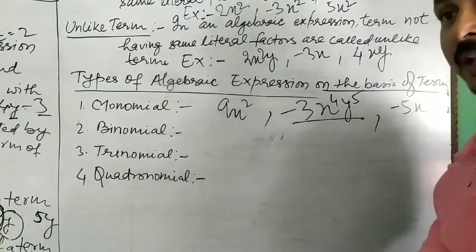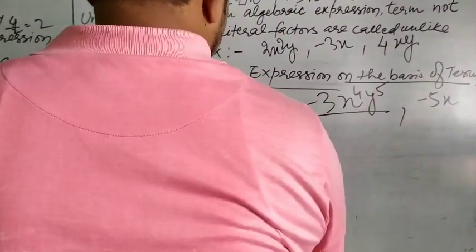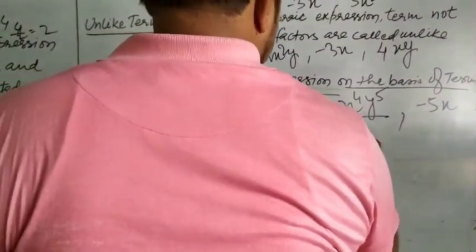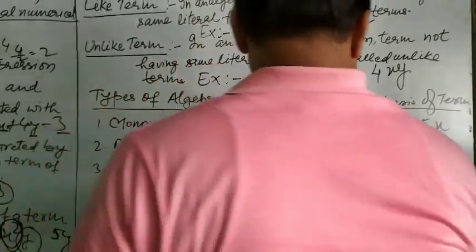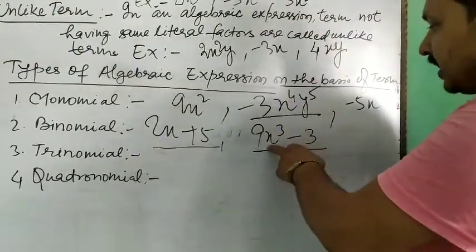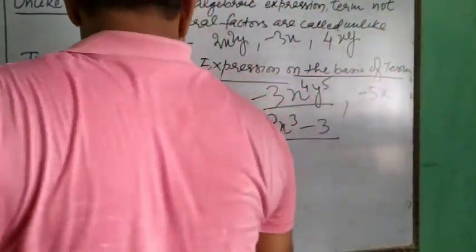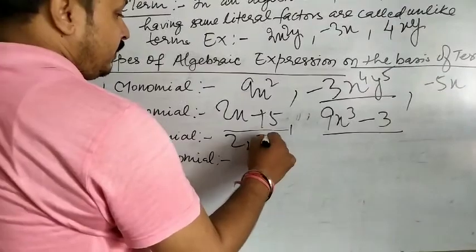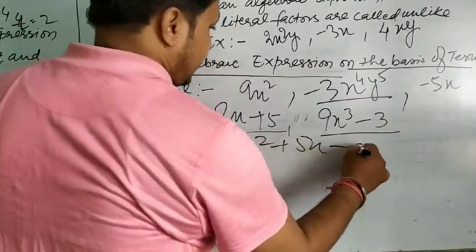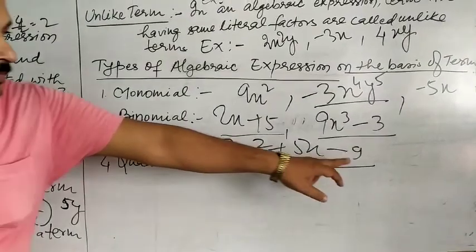In the binomial there are two terms. That means 2x plus 5, 9x cube minus 3. It has two terms, one term and two terms, so it is called a binomial. In the trinomial, 2x square plus 5x minus 9, it's three terms: one term, two terms, three terms.